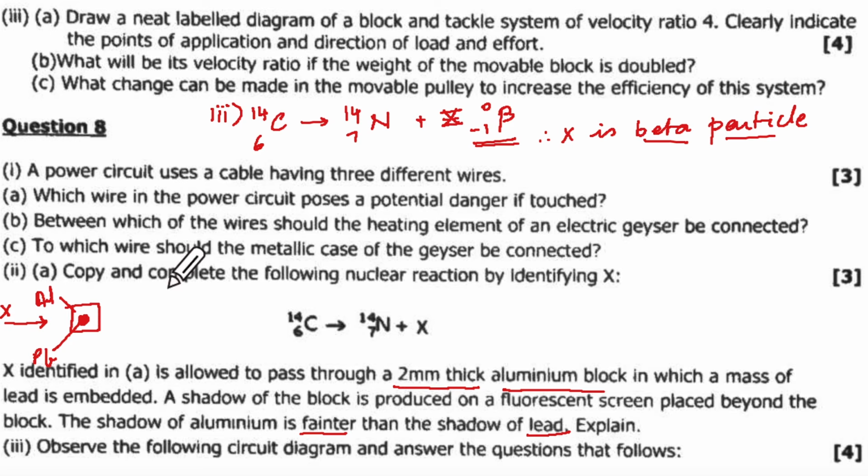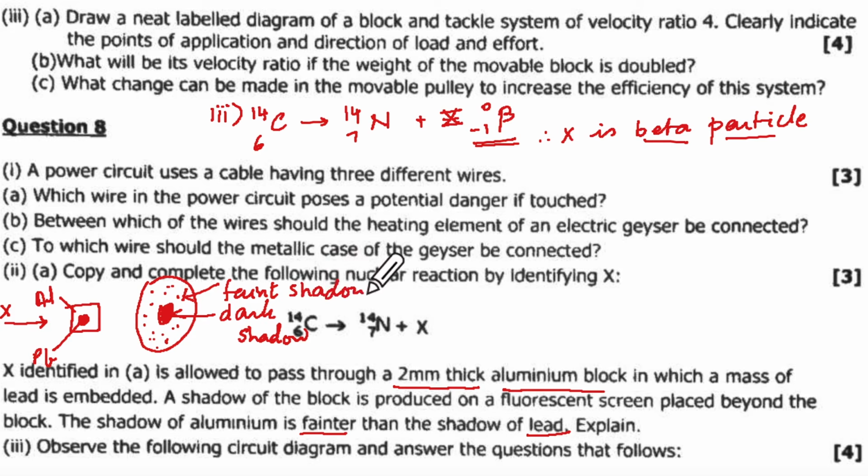Now on the shadow that is there, I will see like this. Did you understand this? This will be the darker shadow and this will be the faint shadow.